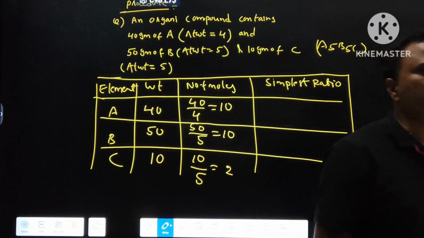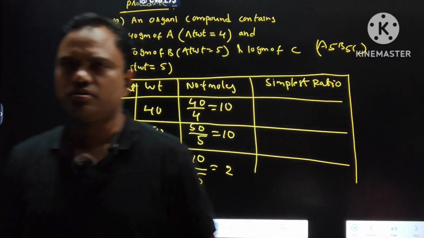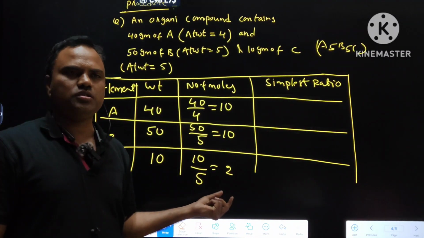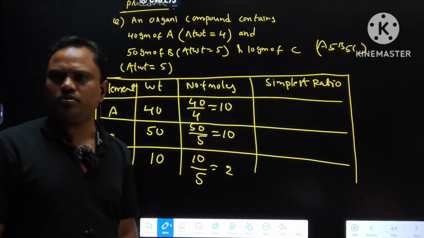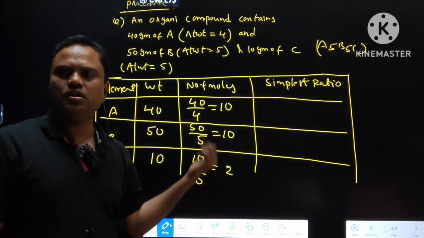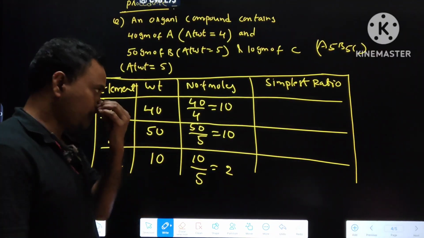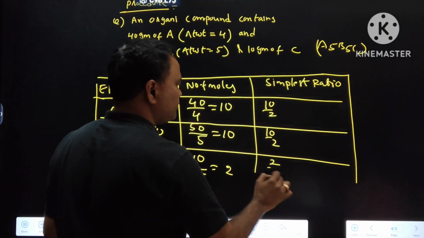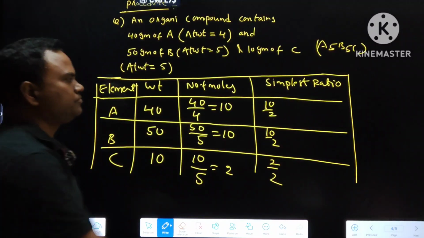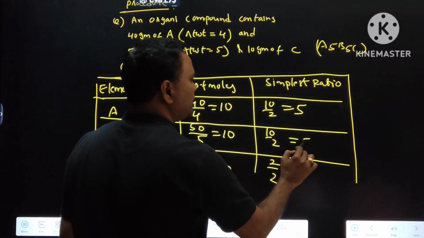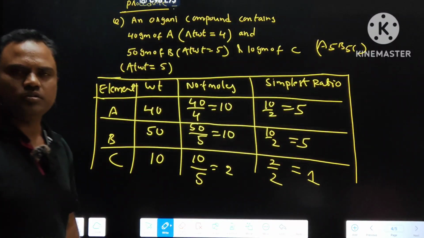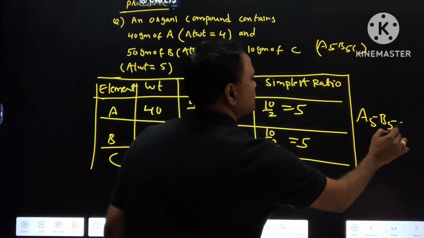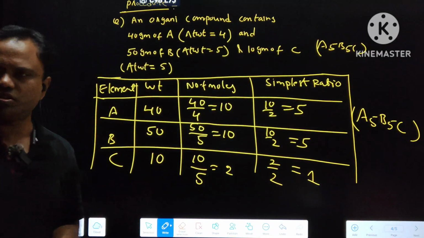After getting number of moles, simplest ratio, select the smallest value among all the moles, which is 2. Divide remaining with the 2. 10 by 2, 10 by 2, 2 by 2. 5, 5 and 1. So A5, B5, C. This is procedure.